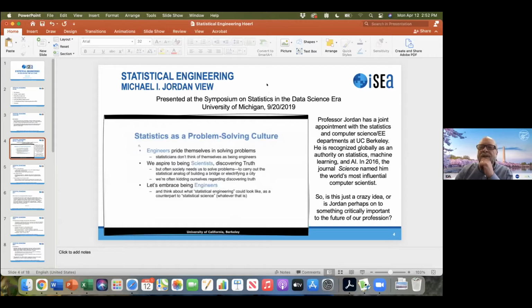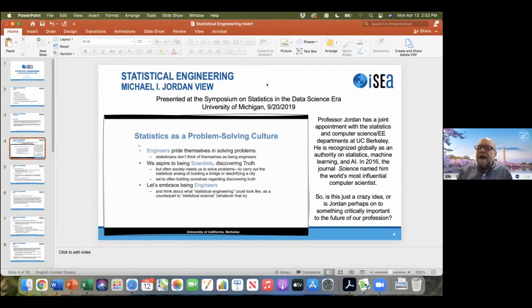Now, this is the slide that I'm taking from Michael Jordan. If any of you are not familiar with his work, he's jointly appointed to the computer science and electrical engineering departments at Berkeley, as well as the statistics department, and is recognized globally as an authority on statistics, machine learning, and AI.